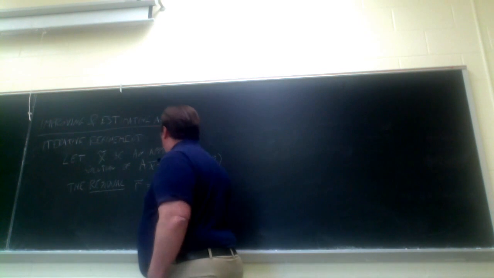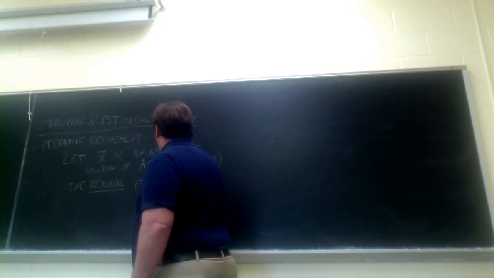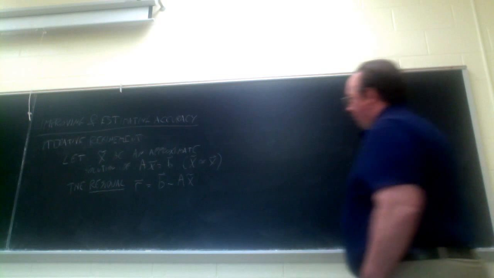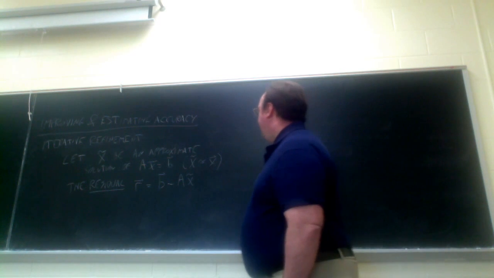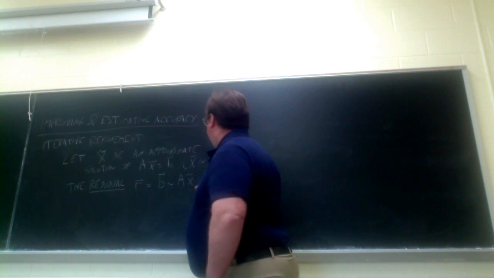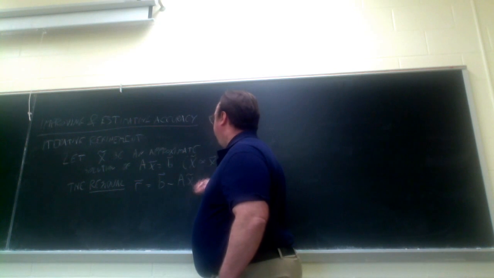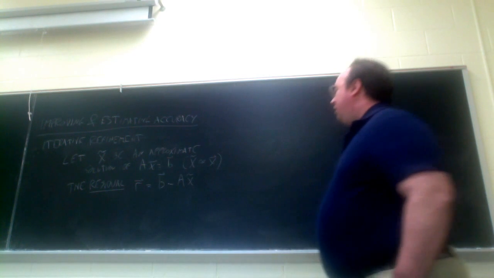The residual r is defined as follows: you're trying to solve Ax equals b, so r is just the difference between b and A times your solution, b minus A x tilde. It's something you expect to be small. You really want it to be 0. Once we've computed x tilde, we can get the residual quite easily.